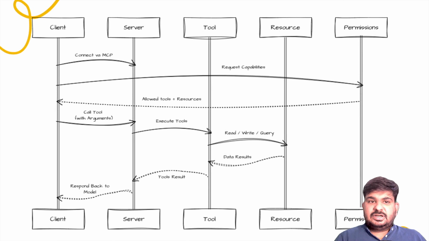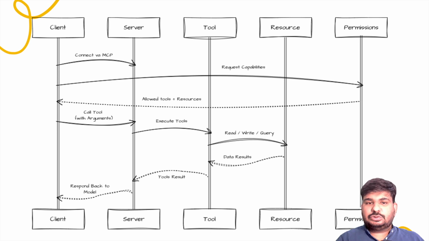Let's understand a single MCP tool call. It begins with the client, usually an AI agent, establishing a connection to a server. The server then responds by advertising all the tools and resources it has available. Once the model understands what's possible, it chooses the appropriate tool based on its reasoning and sends the request with required arguments.